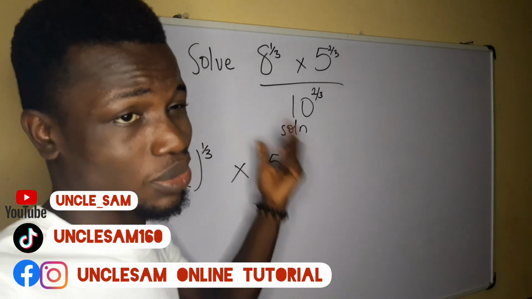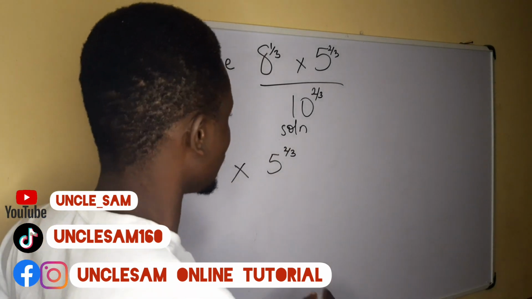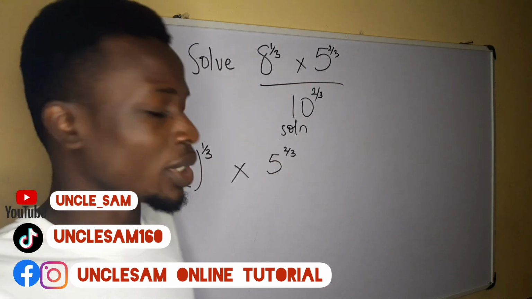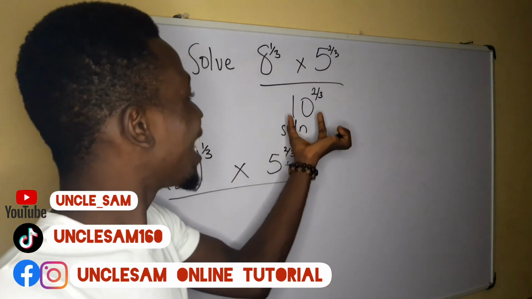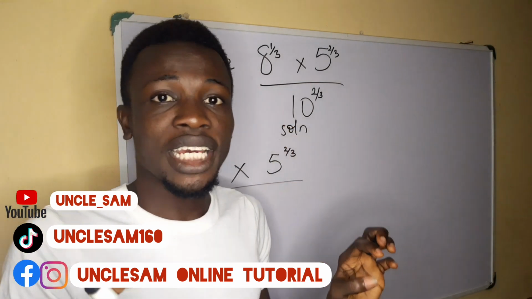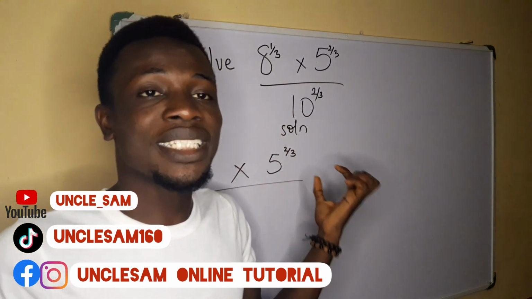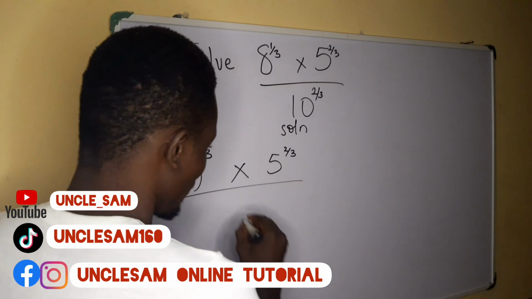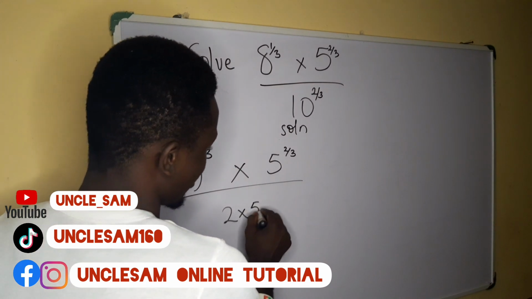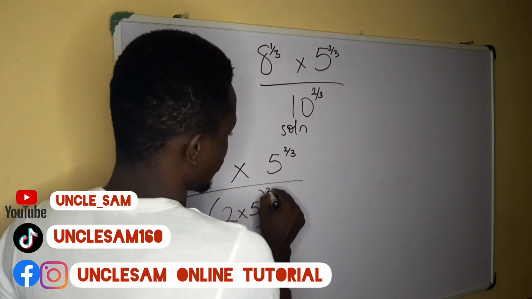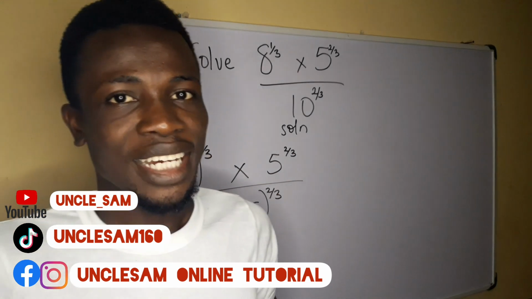I'm not touching this one, because 5 is already in its lowest base. All divided by 10. Now, this 10 can be split. You know that 2 times 5 will give us 10, right? So I can split the 10 to mean 2 times 5. So it's now (2 times 5) to the power of 2 over 3. I hope you're following.